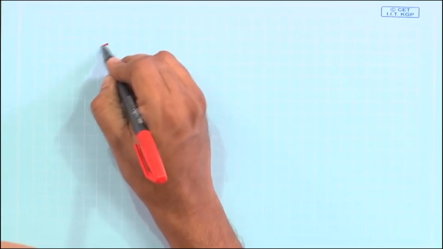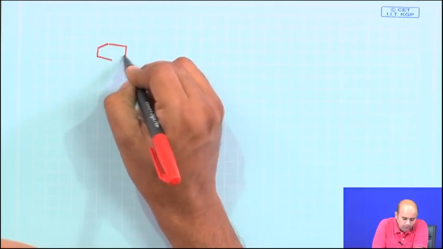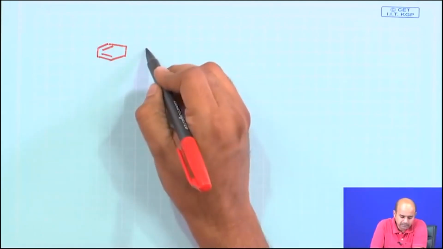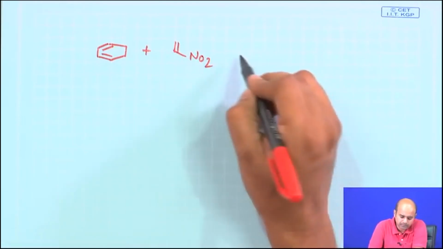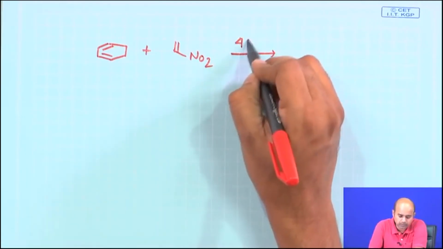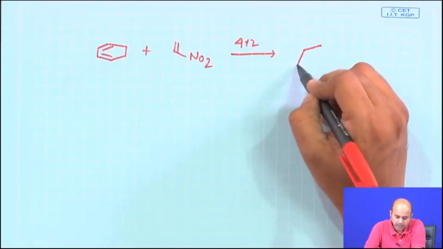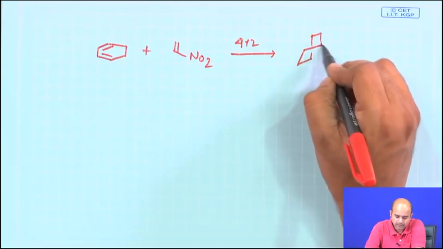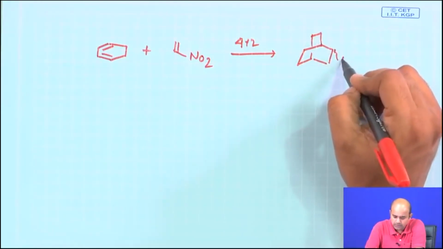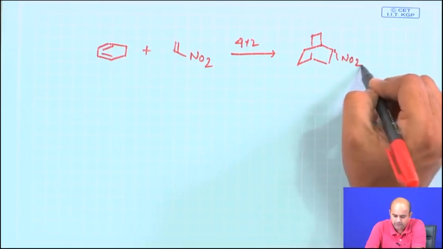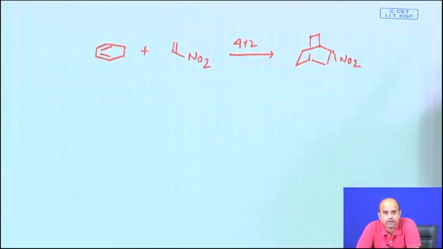The pathway will be very similar and the transformation you are already familiar with. So, what do we do? You take this diene and react with vinyl nitro compound. So, a 4+2 thermal cycloaddition, and you will basically get the product. The stereochemistry I did not mention, but normally in a 4+2 cycloaddition you will always get the endo product.